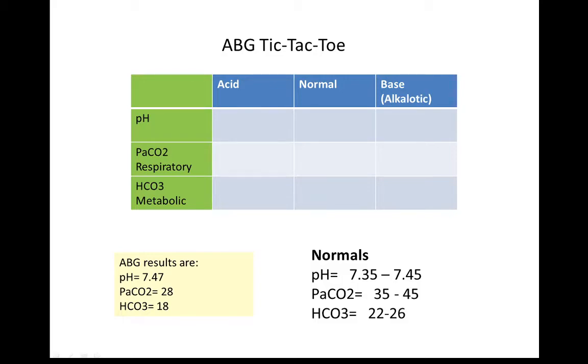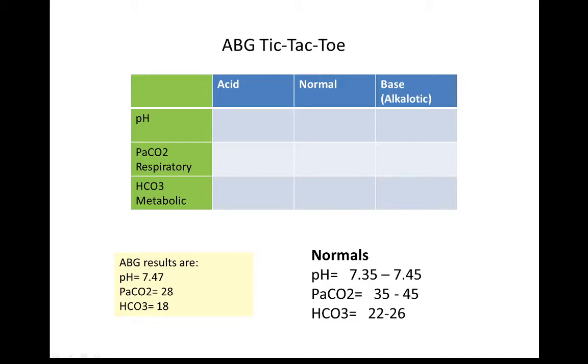To show you how this works, the patient's pH for this problem is 7.47, the CO2 is 28, and the bicarb is 18. On the pH line, 7.47, we're going to write that number under the base and alkalotic column. The CO2 is 28.